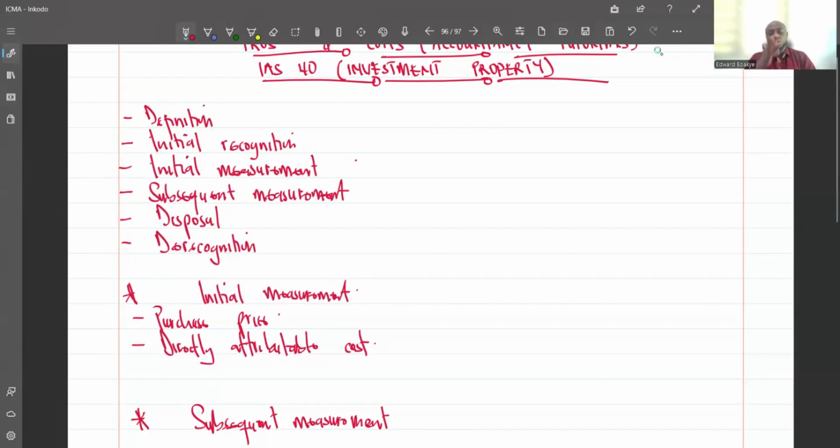So for the fair value model, we are talking about the fair value. With the fair value, there's nothing like depreciation. Anytime you want to use the fair value, you find the fair value and use it.